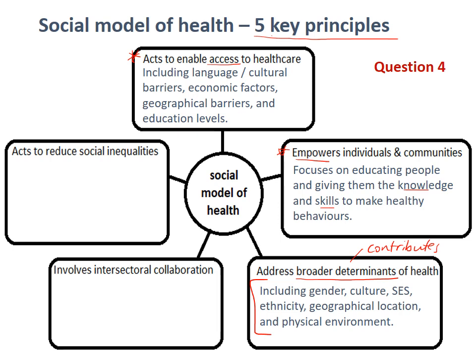We know that people's gender can influence or contribute to their health. Their culture can contribute to their health, their socioeconomic status, where they live, the physical environment that they're in. They can all impact their health. So the social model of health just acknowledges that and tries to address those things where possible.